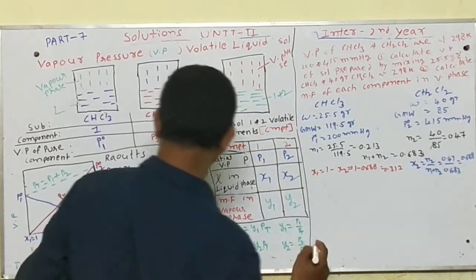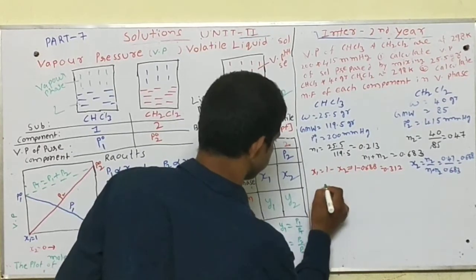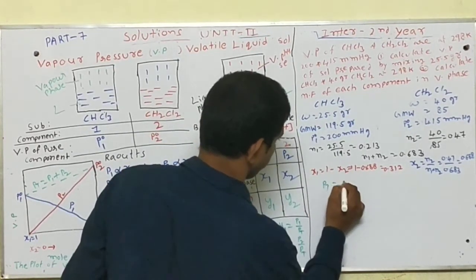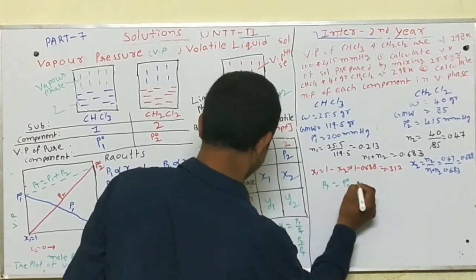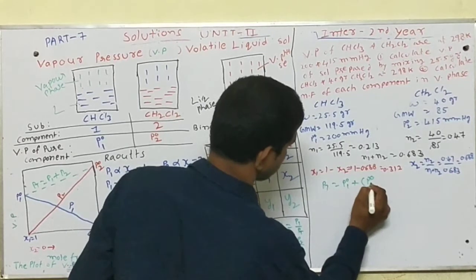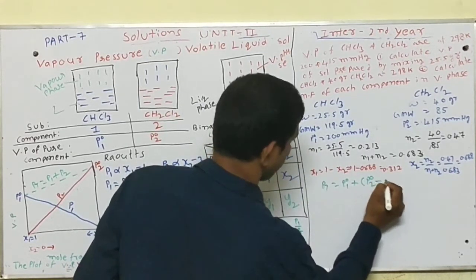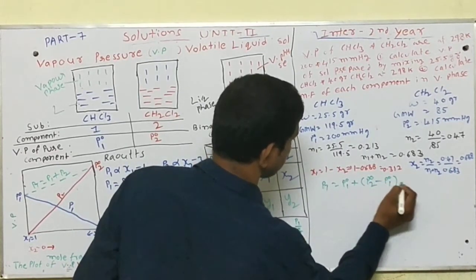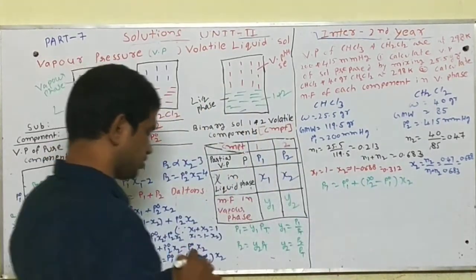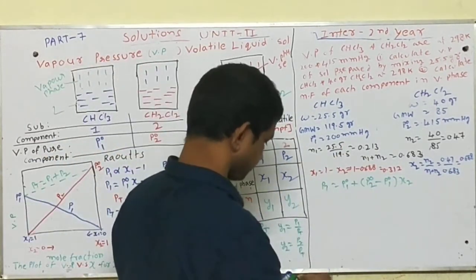Now I am writing the formula to calculate Pt is equal to P01 plus (P02 minus P01) into x2. I am substituting these values from above.